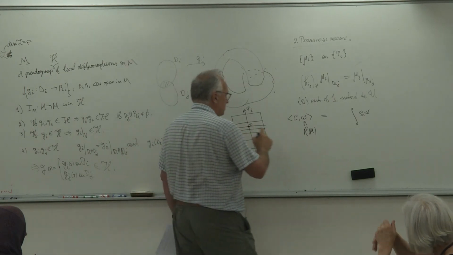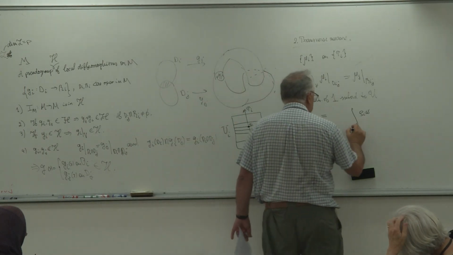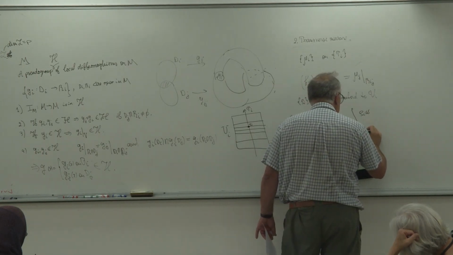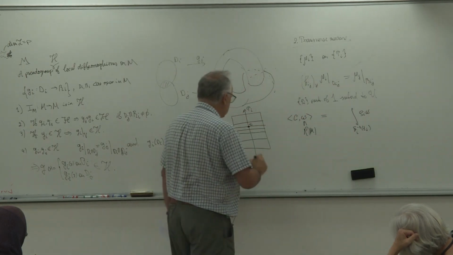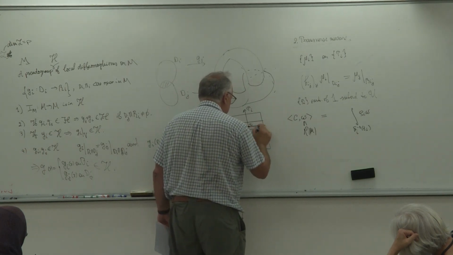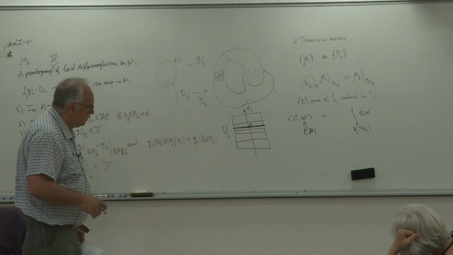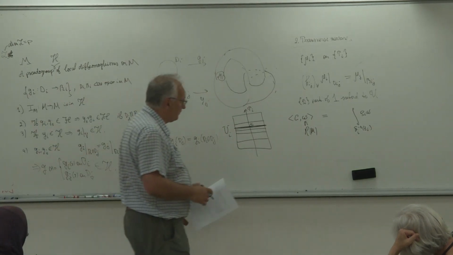Okay, and then I have the projection pi, and I take the pre-image of ti. So I take this plaque, and I integrate my P form along this plaque.